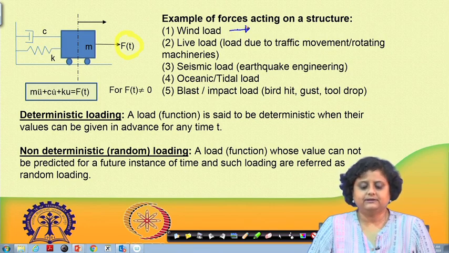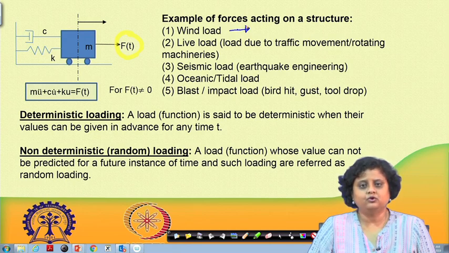The third important load in which people are much interested is the seismic load. We all know how catastrophic an earthquake can be to a structure, to a building, a bridge or any other infrastructure.